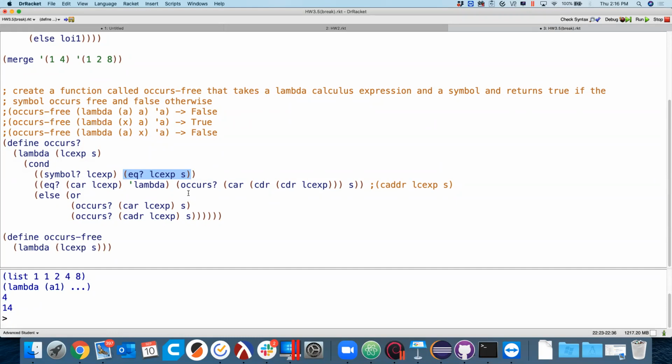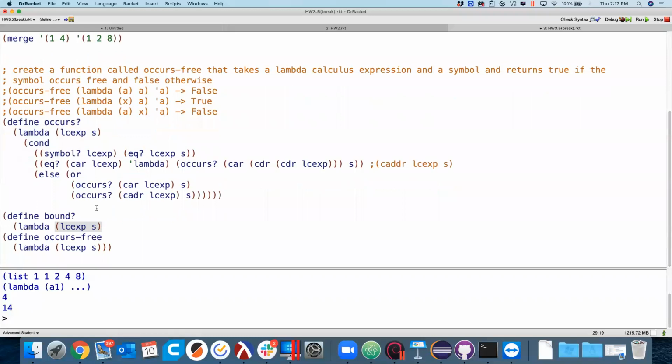We're deviating a little bit from where the book goes with this, but that's okay. I think this is maybe cleaner. So define bound to take a lambda calculus expression and a symbol. And this guy returns true if that symbol is bound inside of that lambda calculus expression.